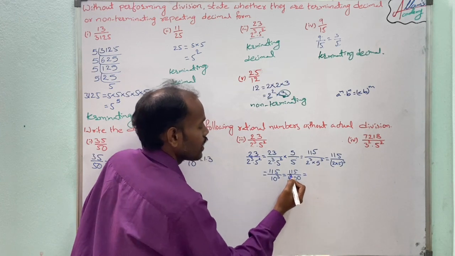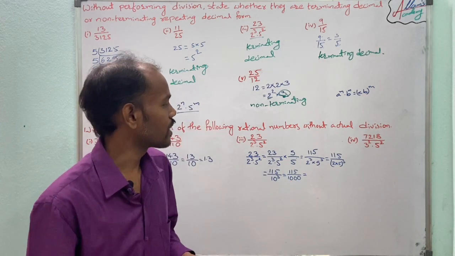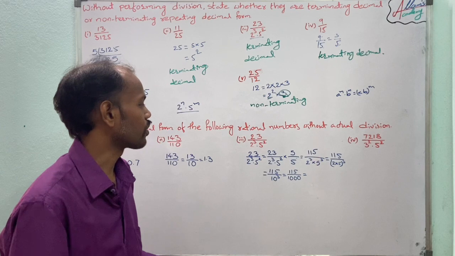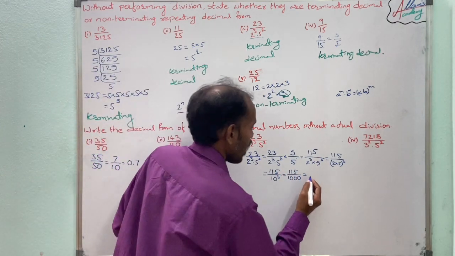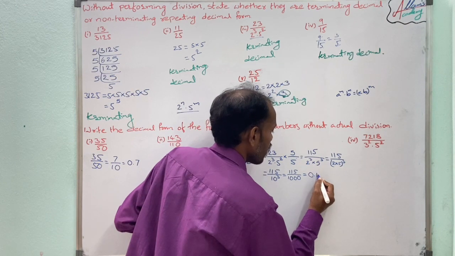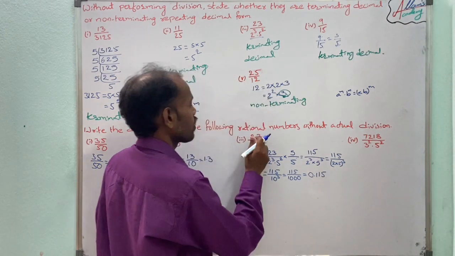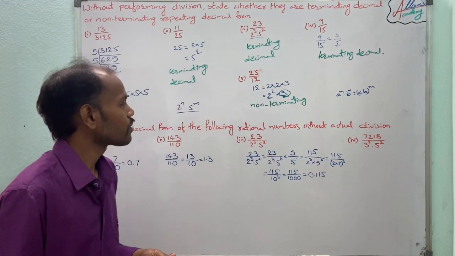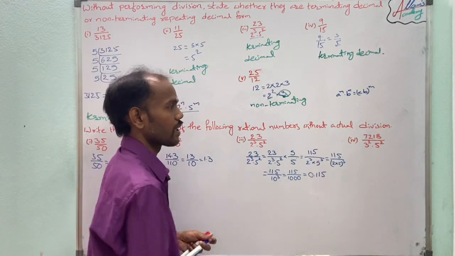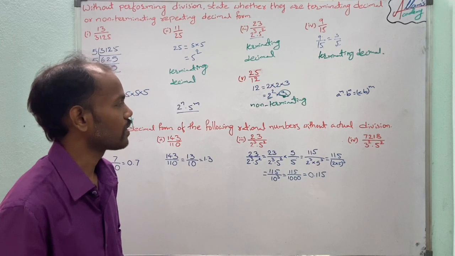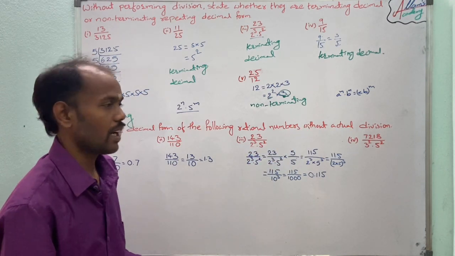The denominator has 3 zeros, so we keep the point 3 digits from the end. So the answer is 0.115. The decimal form of 23 by 2 cube into 5 square is 0.115.